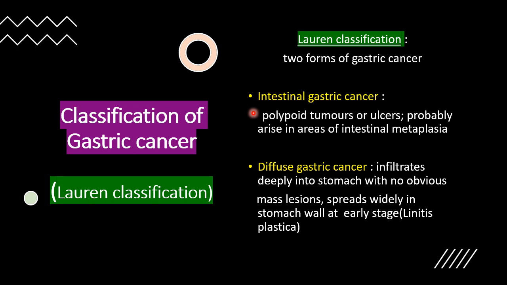These tumors arise in areas of intestinal metaplasia. Then the next type is the diffuse gastric cancer, which infiltrates deeply into the stomach with no obvious mass lesions. It spreads widely in the stomach wall at an early stage, and this is what we call linitis plastica.